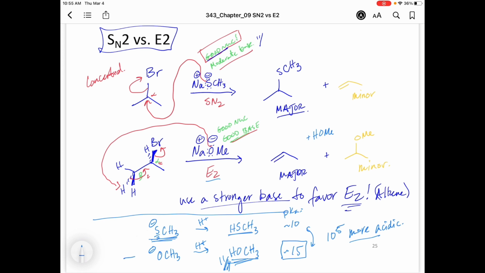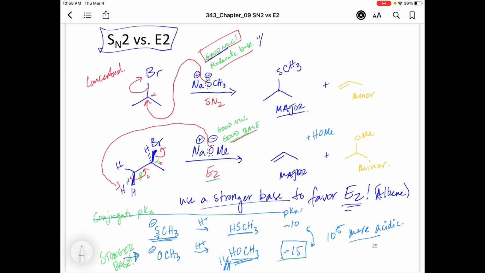This is why this methoxide here is a stronger base, okay? So just keep an eye out on those conjugate pKa values. So this is a stronger base. This is due to the pKa difference. It's 10 to the 5 times stronger.